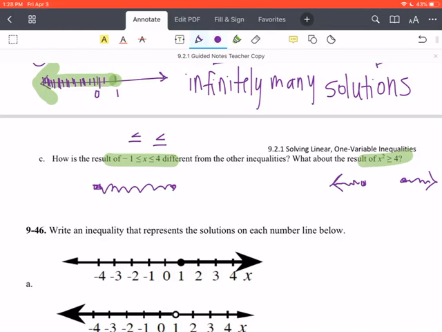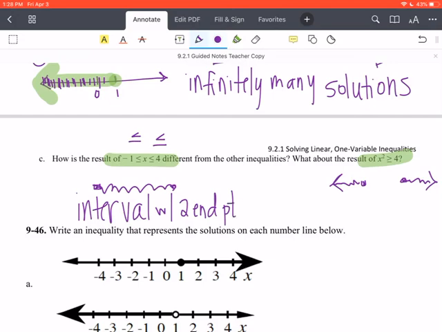So we see that this first inequality is a 2-part inequality that forms what I'm going to call an interval, with 2 endpoints.